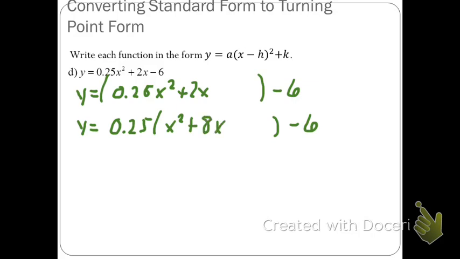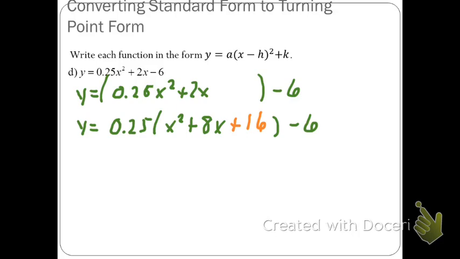And as soon as you've got that, then you can go ahead and make a perfect square trinomial. Take half of 8, you get 4. Square that, you get 16. All right, and then make sure you know that what you've actually increased the right side of the equation by is not 16, but it's 0.25 times 16.